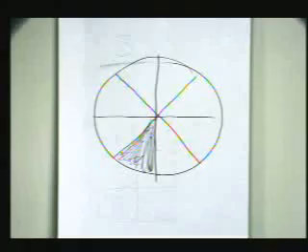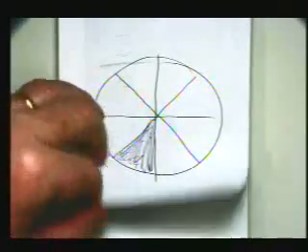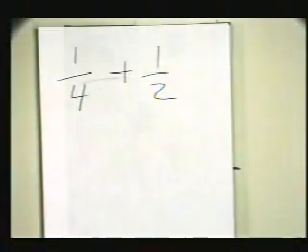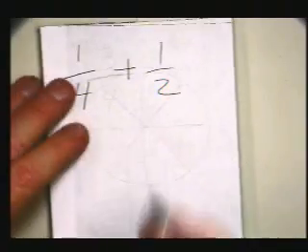1 of 8. Now, when we add fractions, for example, this should make sense if we need the same size pieces of the pizza. So, for example, when you're going to add 1/4 plus 1/2, well, those are 2 different sizes of pizza pieces.